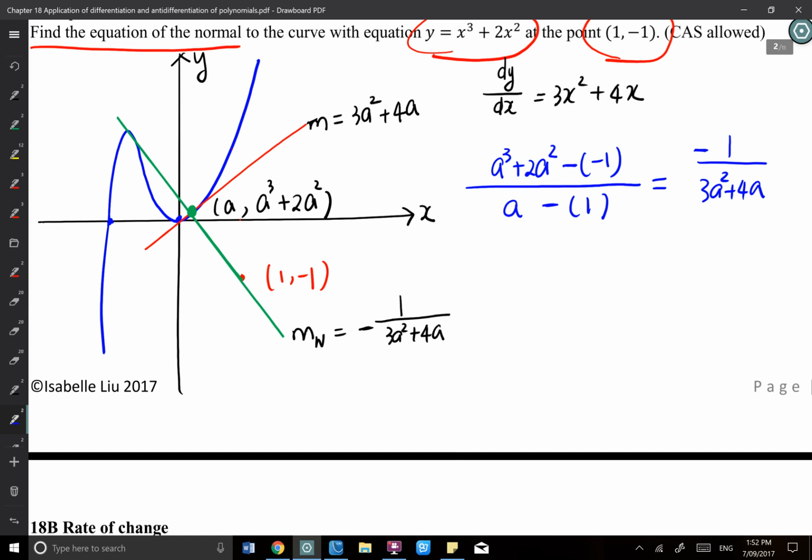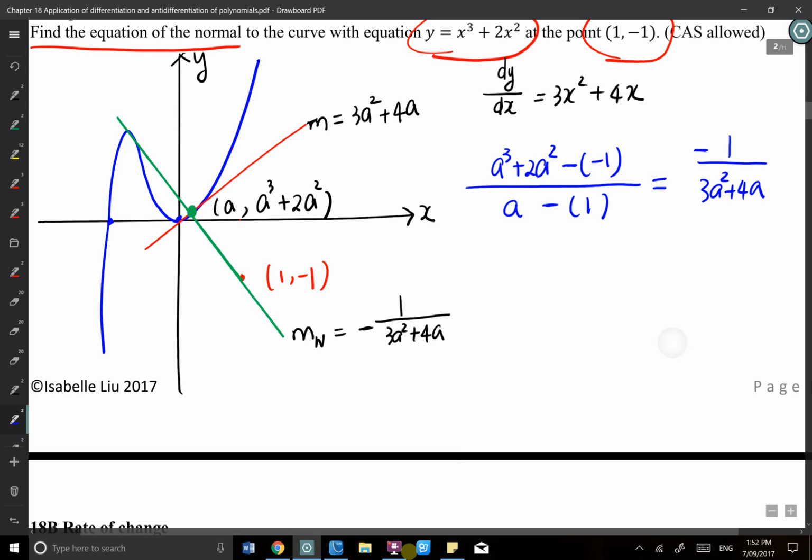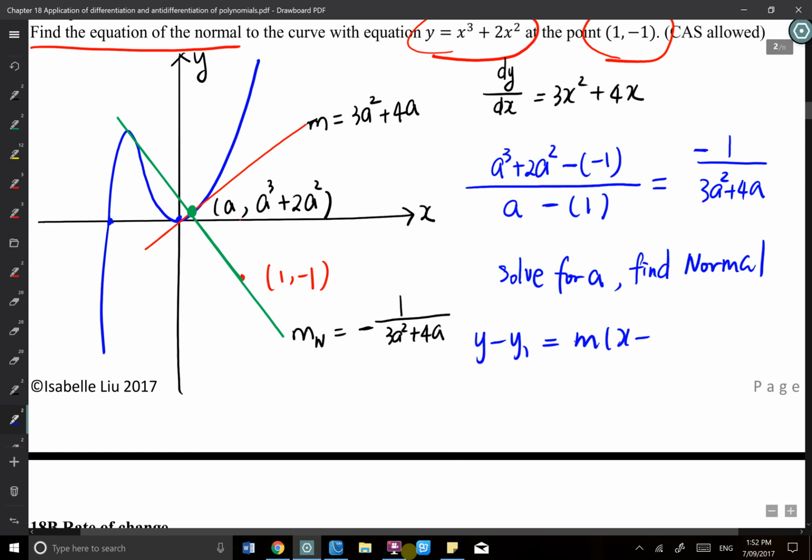But if I put that into the calculator, I'll tell you, if you solve it, it's not a whole number. It's something like 2 point blah blah blah. It's not a good number. But after you solve for a, find the normal. How do we find the normal? y minus y1 equals m times x minus x1.